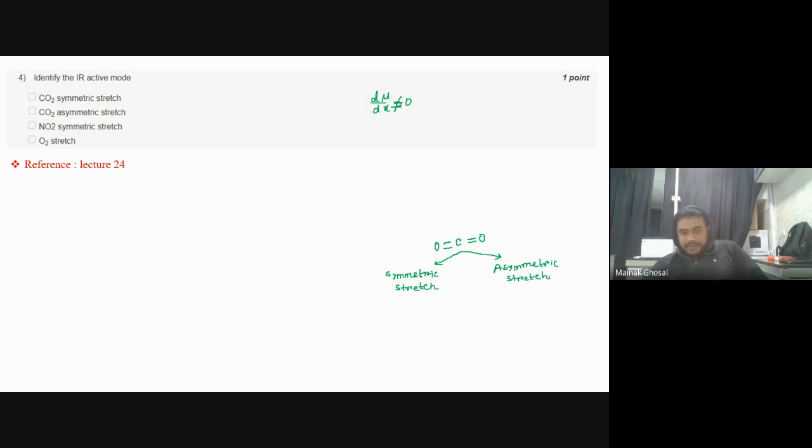For CO2, sorry, three modes will be there, but in the question two modes are actually discussed. So I am discussing two modes. One is symmetric stretch, another is asymmetric stretch.